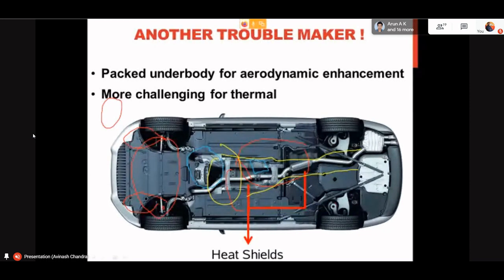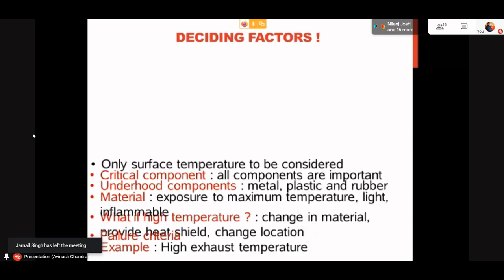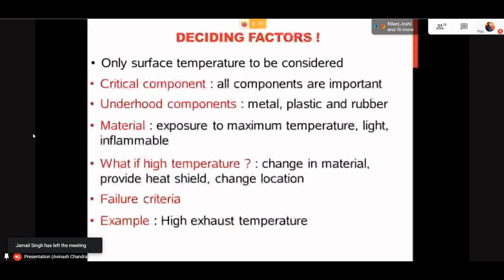When the exhaust is mounted on the body, it will directly heat up the floor. So you provide a metal in between, which in industry we call a heat shield. That will restrict the temperature which is directly going to hit the body.